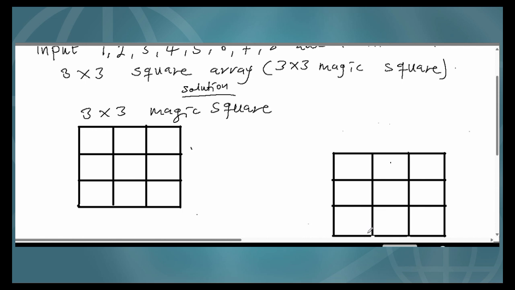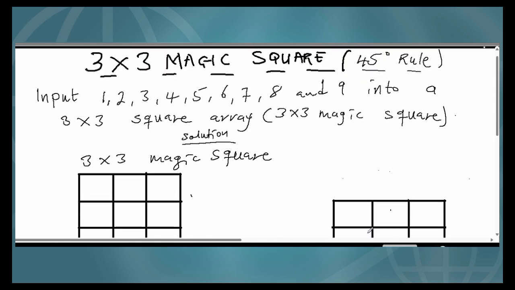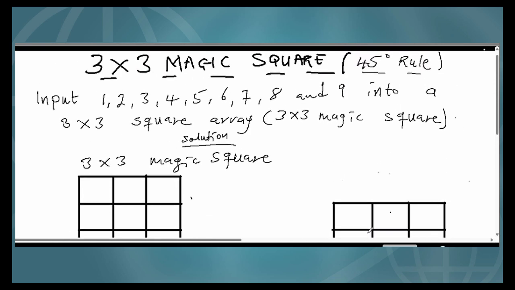When you sum the diagonals, you should get the same constant sum, and this should be the same as the constant sum you had for the columns and the rows, right? So without wasting my time, let us look at the rule of 45 degrees.